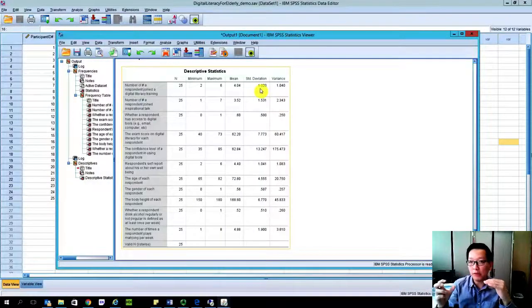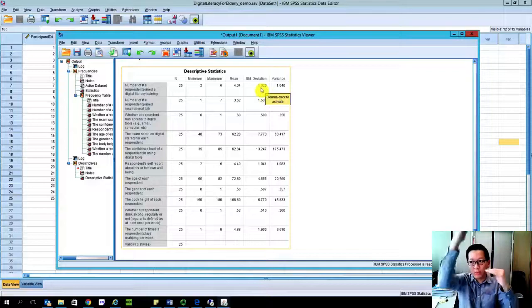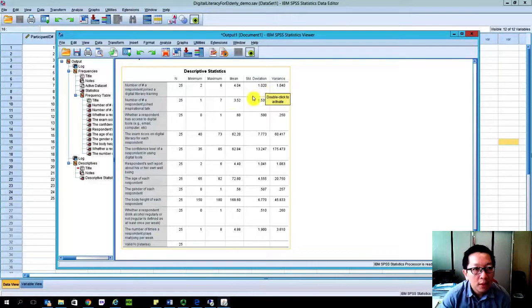So the larger your standard deviation, let's say 3 point something, it means that some people may have joined a lot above the mean value, above 4. Some people may have joined much below 4, right? Because we have only a minimum of 2 and maximum of 6, our standard deviation is also not too big. But if we have a minimum of 0 and maximum of 10, I'm sure the standard deviation will be much bigger.